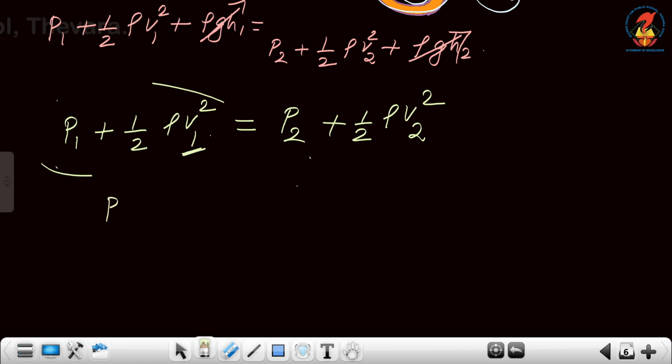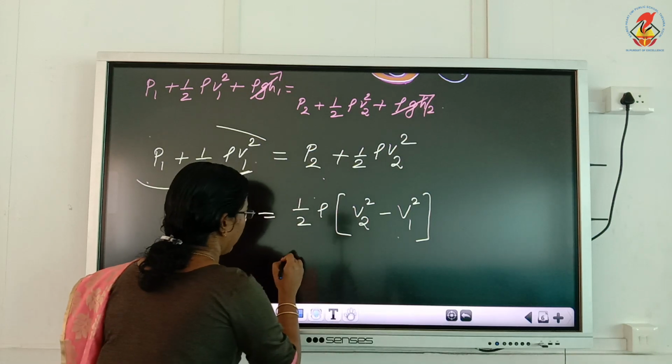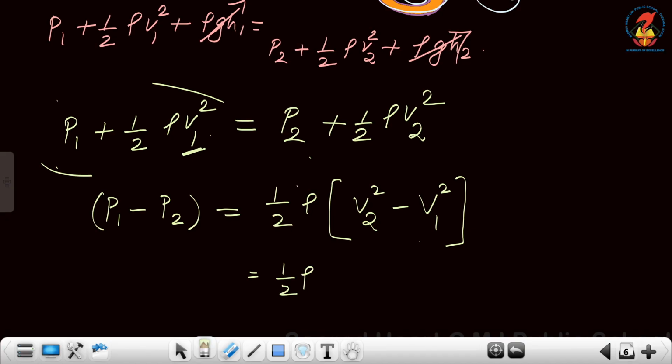We get P1 minus P2 is equal to half rho into V2 square minus V1 square. Now I told you our aim is to find out V1, so I am bringing V1 outside. I will get half rho V1 square into V2 square by V1 square minus 1.